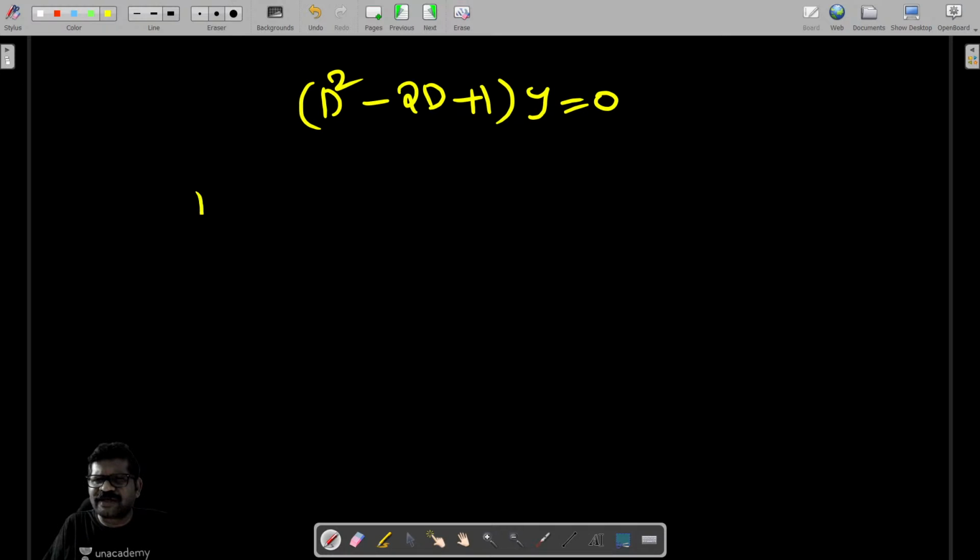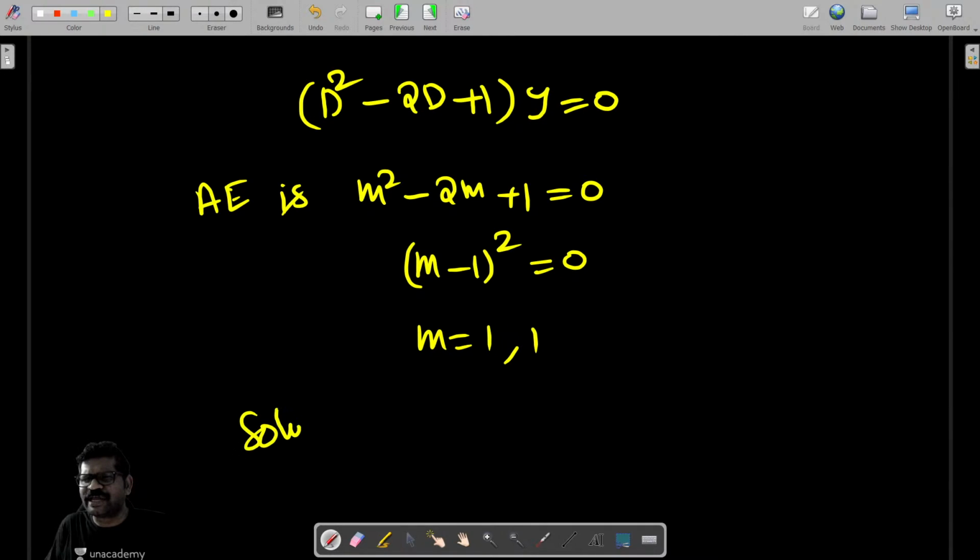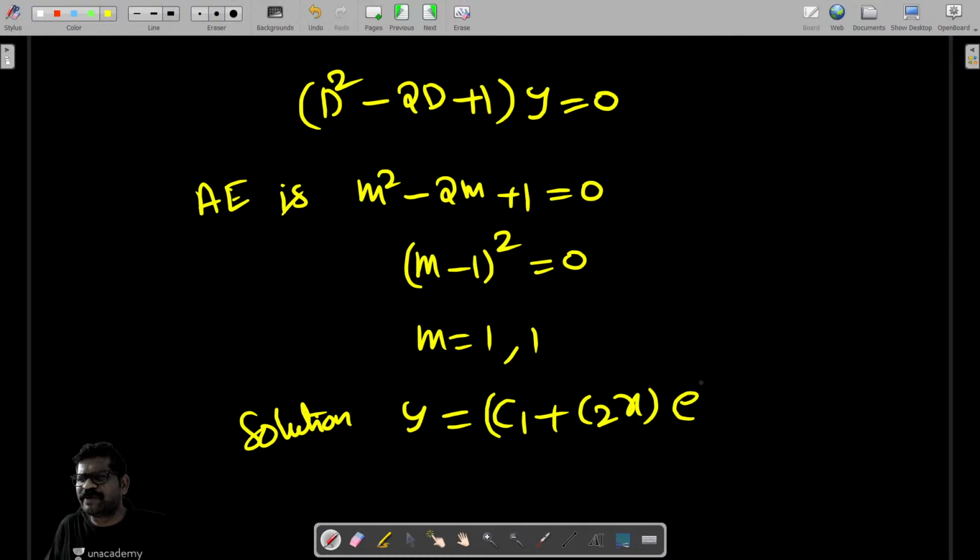Now the auxiliary equation is m square minus 2m plus 1 equal to 0. M minus 1 whole square equal to 0. M is equal to 1, 1. The solution is y is equal to c1 plus c2 x, times e power x.